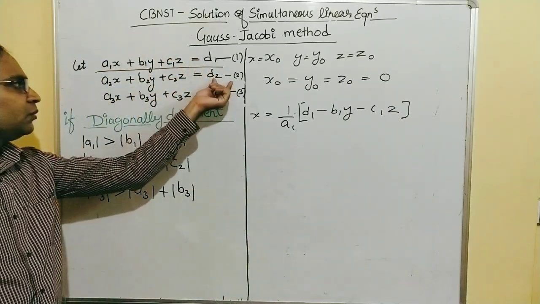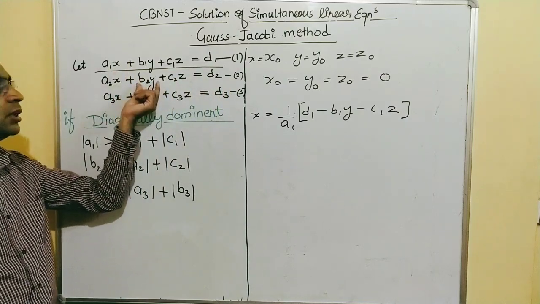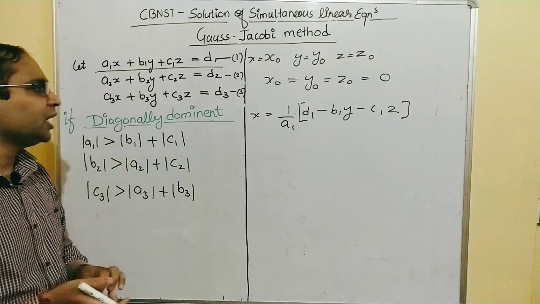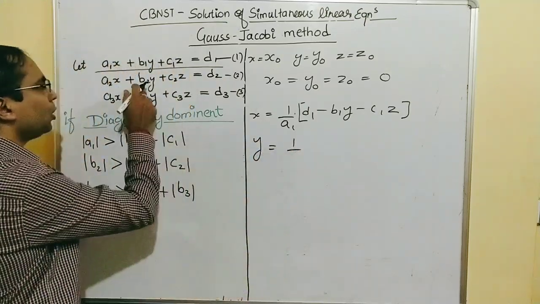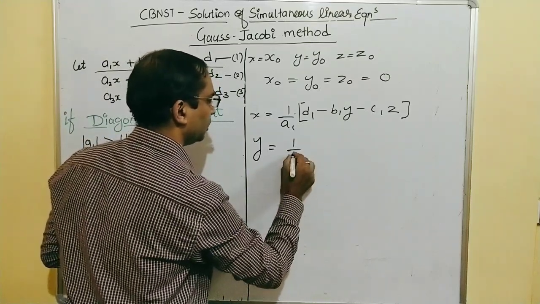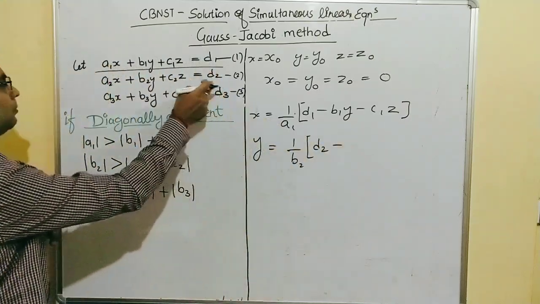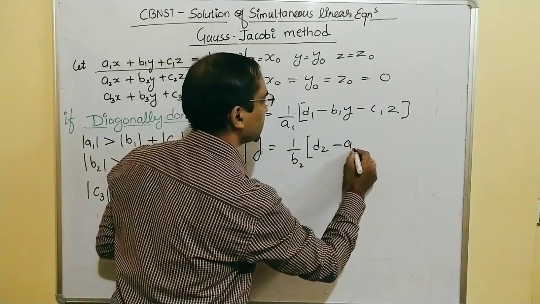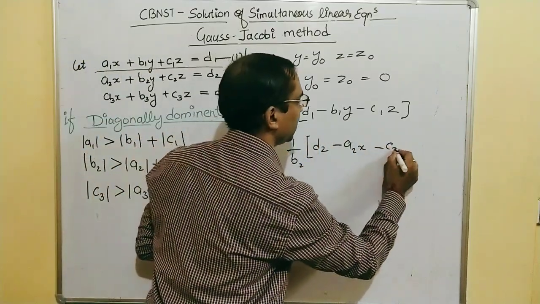From the second equation we will find the value of y, because this term is diagonally dominant. So y will be equal to 1 upon b2, d2 minus a2x minus c2z.